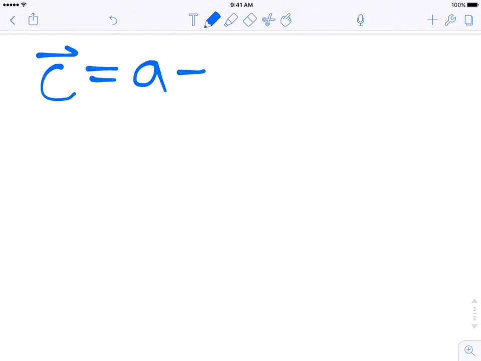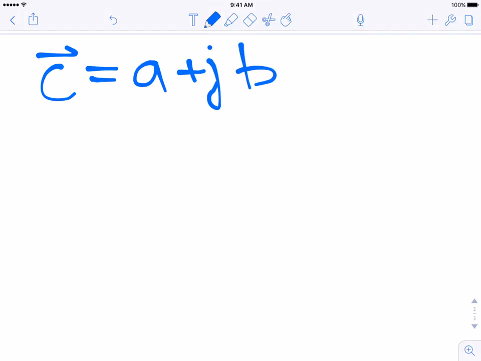So the next thing we're going to look at is how do you convert between rectangular and polar form. So let's say you have a C, and this C is in rectangular form. So you have A plus jB, and you want to know what is the polar form of this.